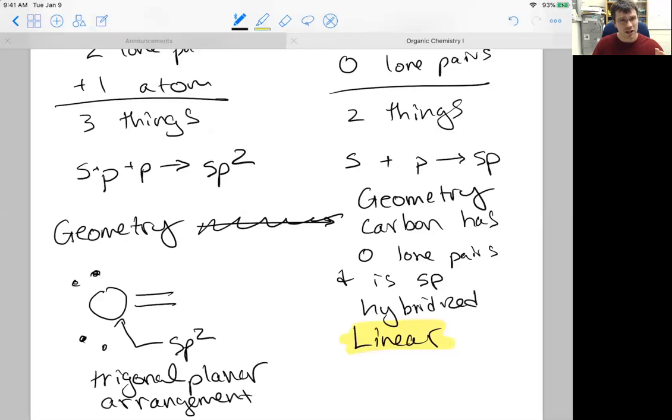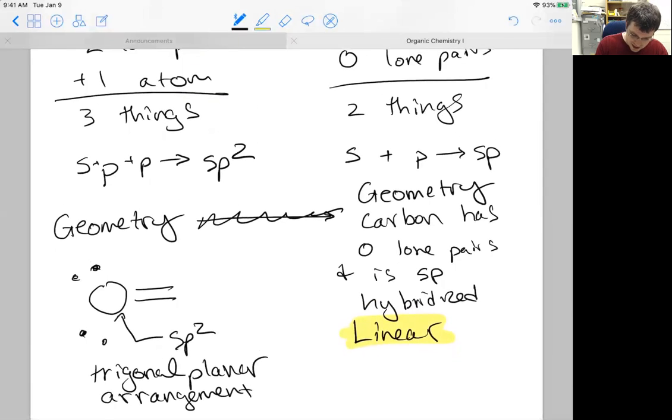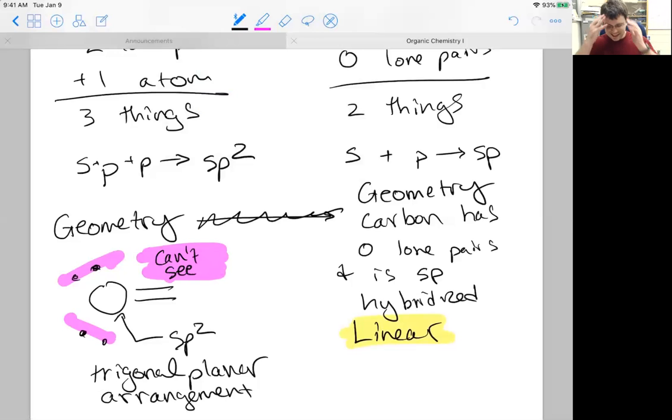But what does change is that when you have lone pairs of electrons, you can't see the lone pairs. They're like ghosts or something. Okay, I can't see the lone pairs of electrons.